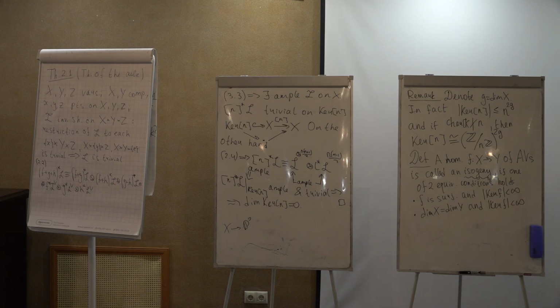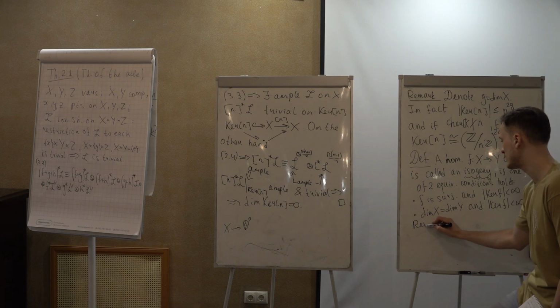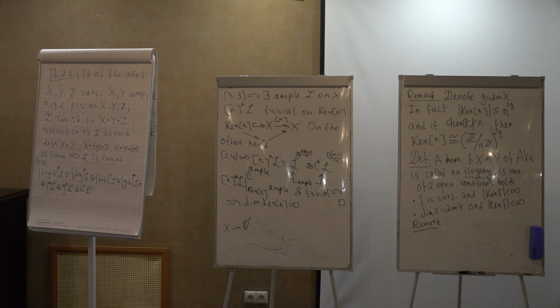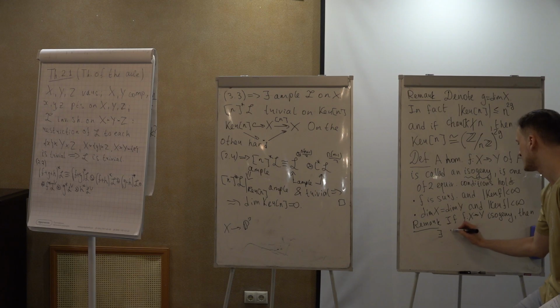Okay. And there are also a couple of other equivalent conditions. And so, for example, this map is an isogeny. And for abelian varieties, it can be proven that being isogenious is an equivalence relation. So if f is an isogeny, then there exists isogeny in other direction.